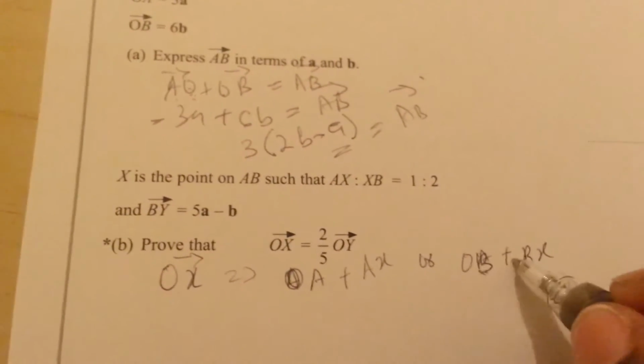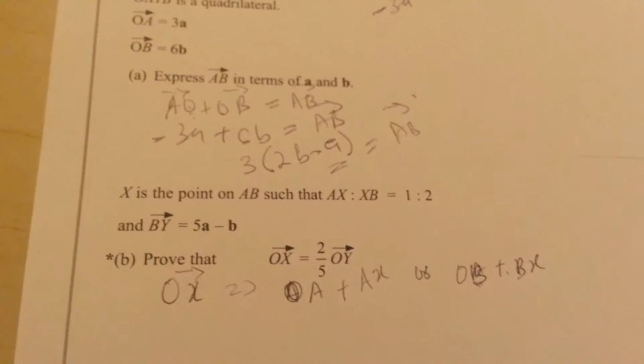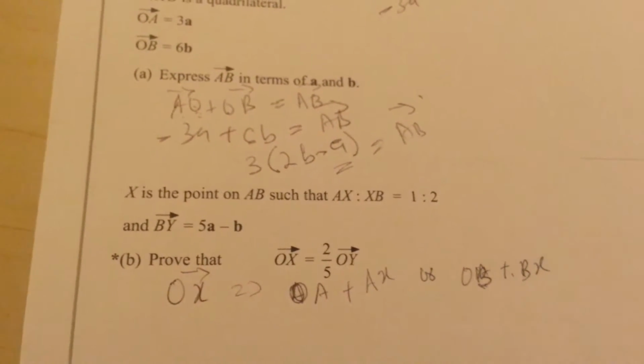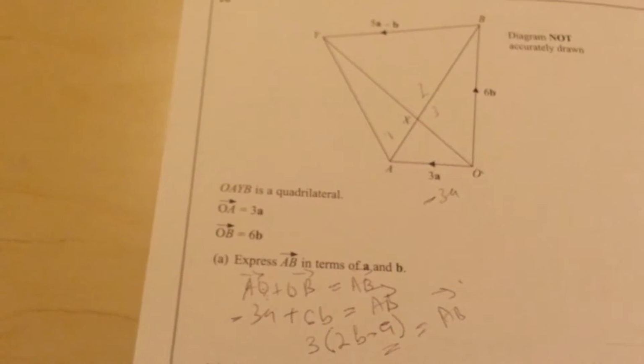Remember, it's the internal ones that will cancel out, okay, or that will give way. So since we don't have BX, we only have AX given.